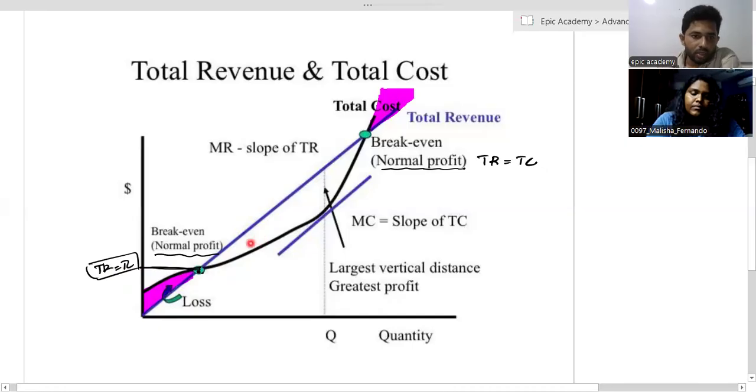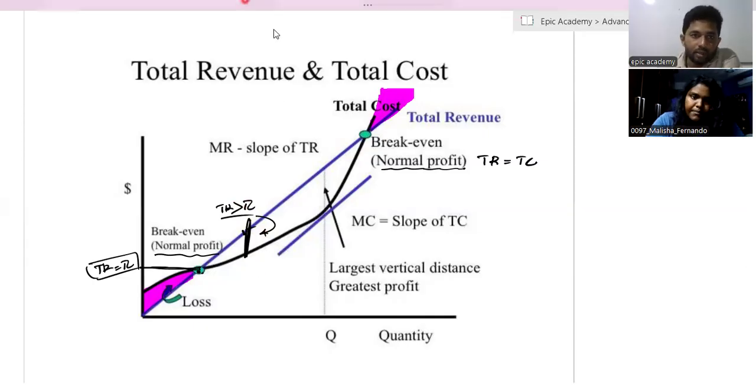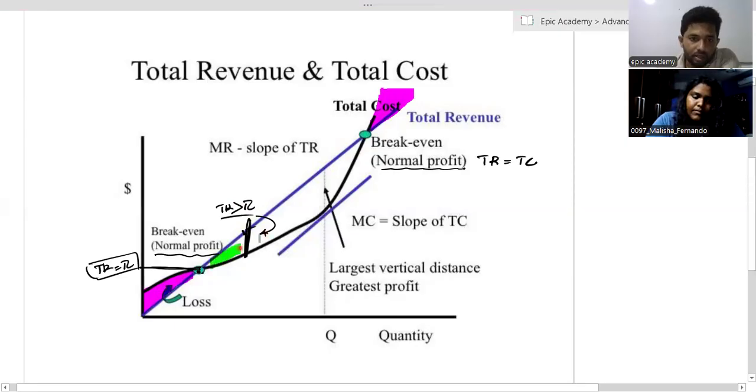But just consider this point. Your total revenue takes greater value than the total cost, isn't it? Yes. So you are getting supernormal profit. So this entire green area represents the supernormal profit.